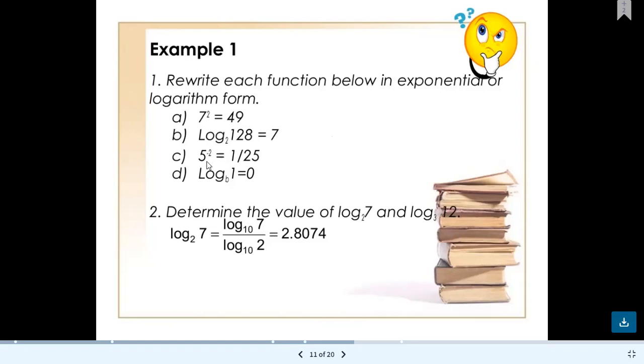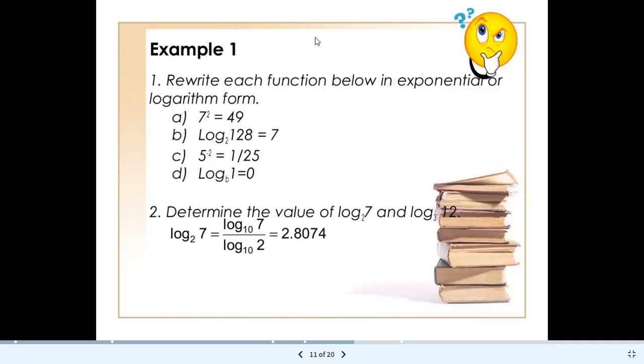Next, letter C. 5 raised to negative 2 is equal to 1 over 25. So, pag kinonvert natin siya into logarithm, magiging log base 5 of 1 over 25 is equal to negative 2. Kaya nyo ba? Okay.